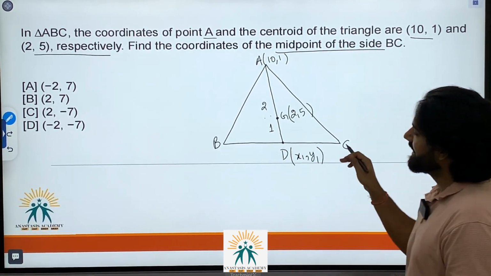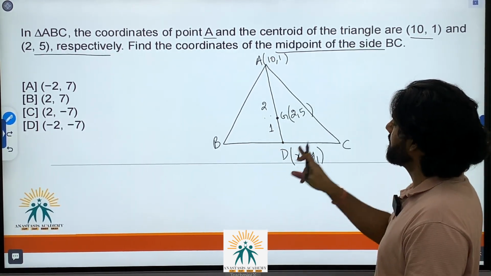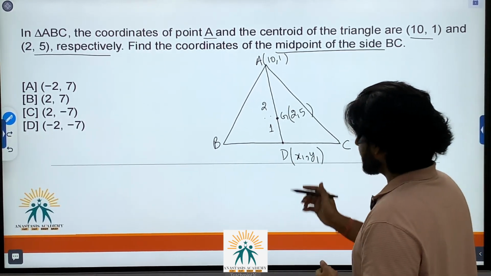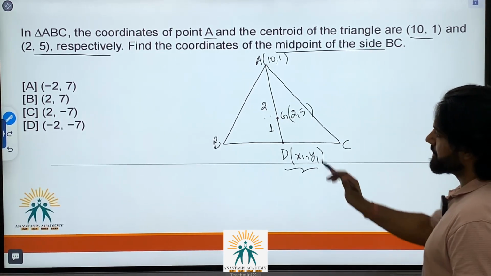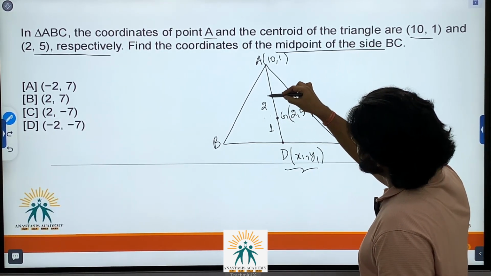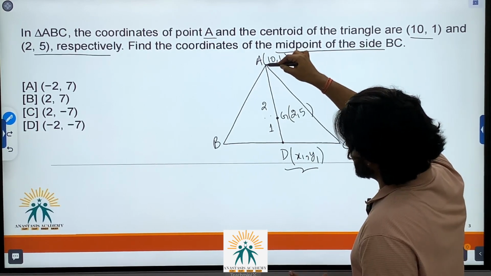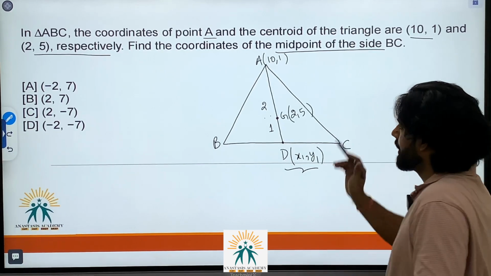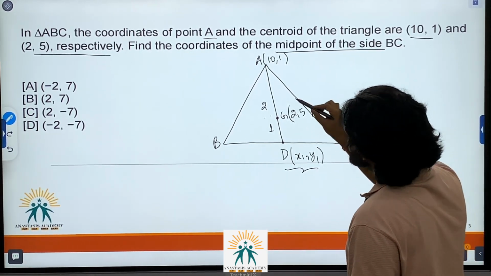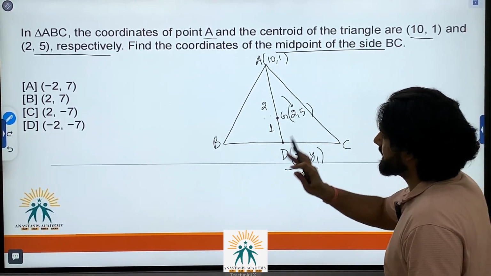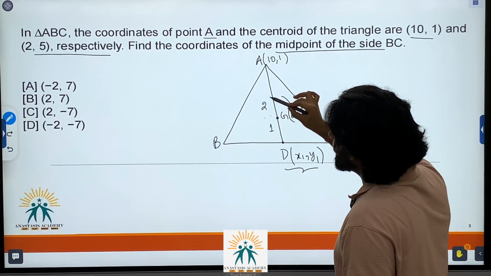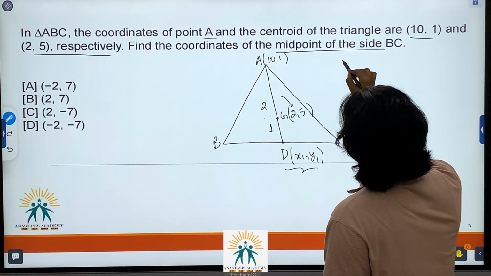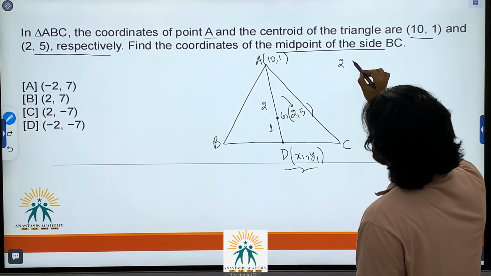I have to find the coordinate of the midpoint of BC. The midpoint of BC is point D. We have to find this coordinate, right? So G is intersecting this line, this length AD, in the ratio 2:1. So we can easily find the coordinates, right? To find the coordinates of a point which divides a line in the ratio m:n, what is the way?